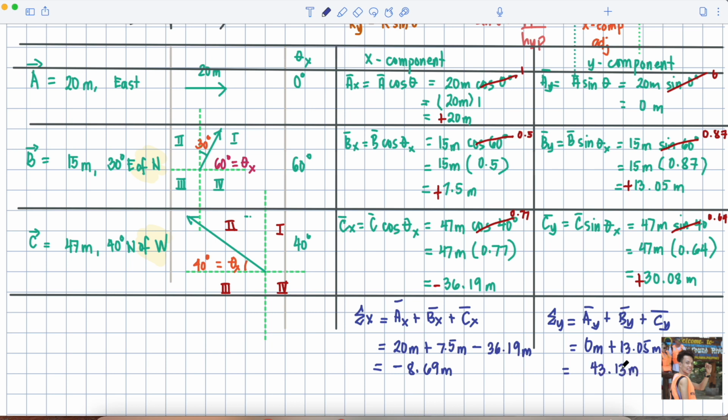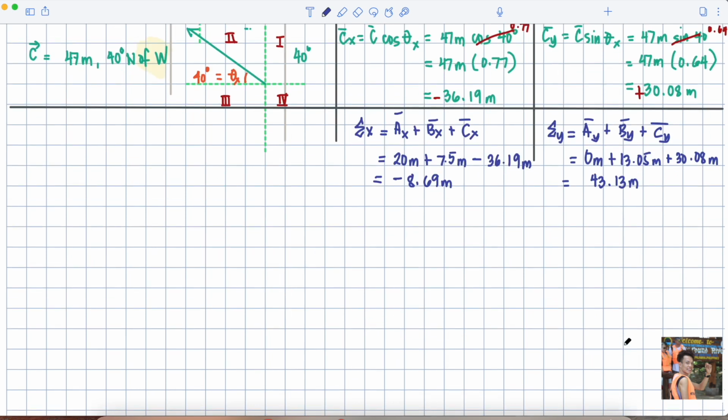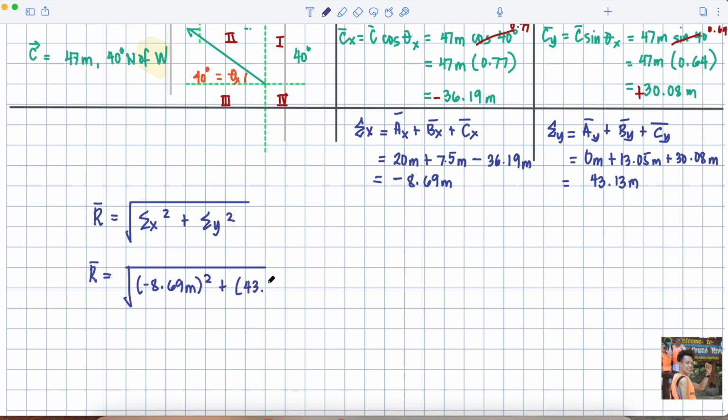This will give us a sum equivalent to 43.13 meters. To get now the resultant, we use our Pythagorean theorem. The resultant is equivalent to the square root of summation of x squared plus summation of y squared. Negative 8.69 meters squared plus 43.13 meters squared.